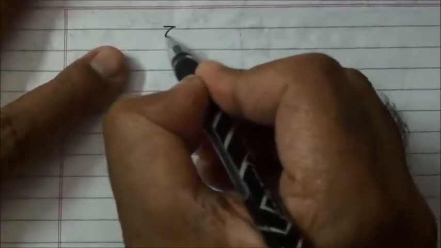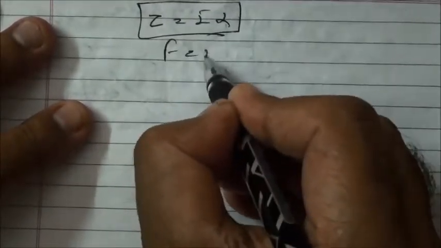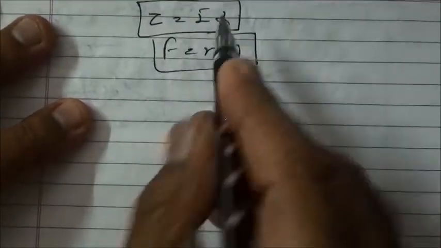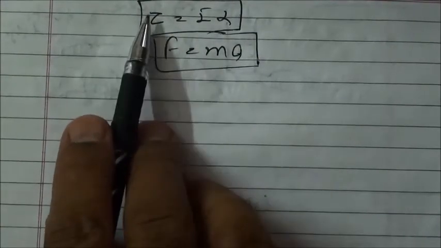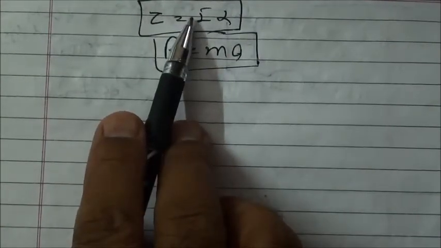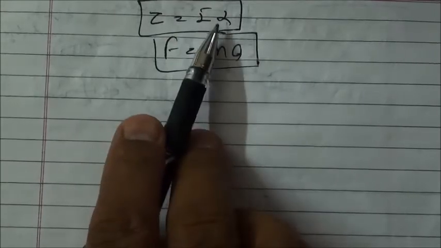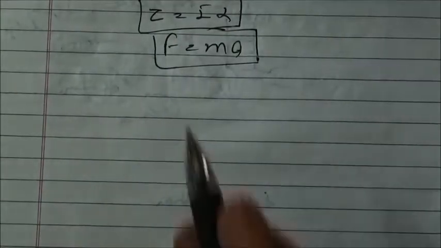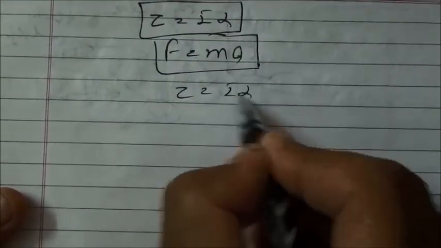So now torque is equal to I alpha. This equation is just like F is equal to ma. For F, we have torque here. For mass, we have moment of inertia. For linear acceleration, we have angular acceleration. So torque is equal to I alpha.